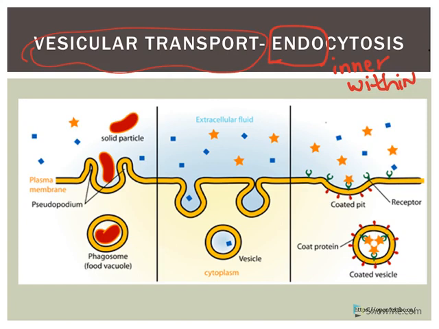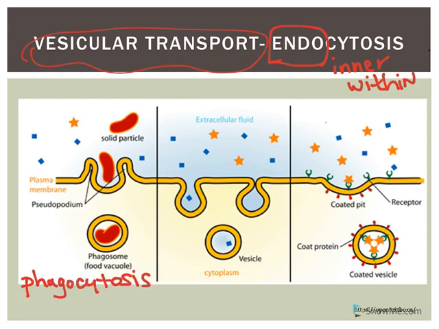It requires a formation of a membrane vesicle, and we have three different types. So the first one that you see here is phagocytosis.